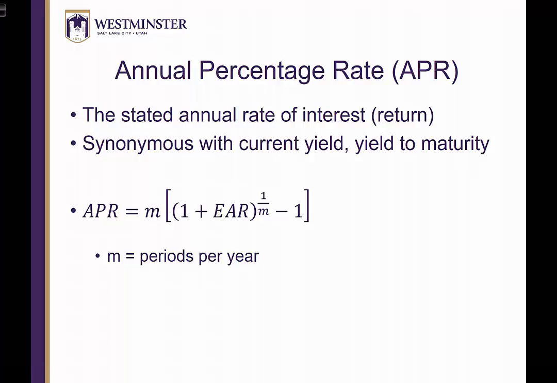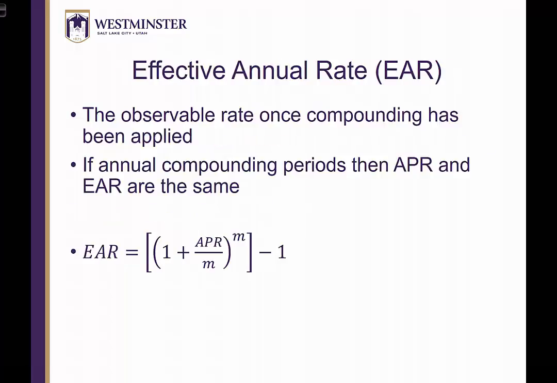So if we want to think about the annual percentage rate of a loan, we can calculate that if we know the periods per year that we're dealing with, and if we know the effective annual rate, that rate that we could actually observe. So if I had made this investment and saw that over a year the $1,000 investment gave me $63 in interest income, then I might think that that's a 6.3% annual rate.